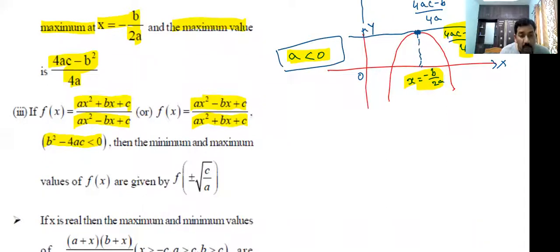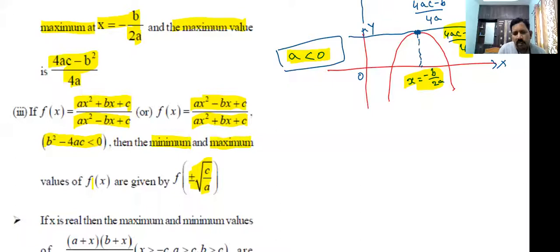Then how to find the minimum and maximum value of the expression? The minimum and maximum values of f of x are given by f of plus or minus root c by a. You can substitute plus or minus root c by a in place of x and get the answers.